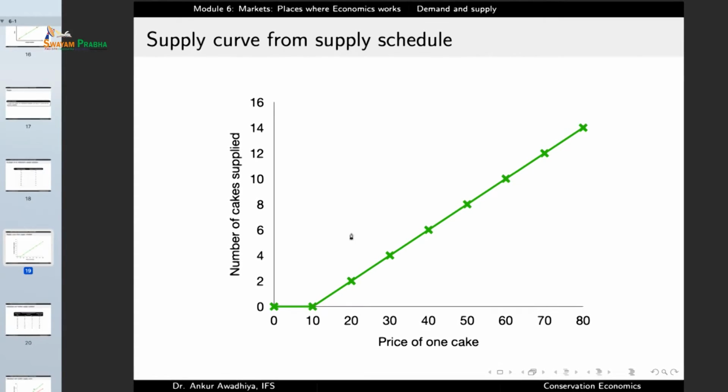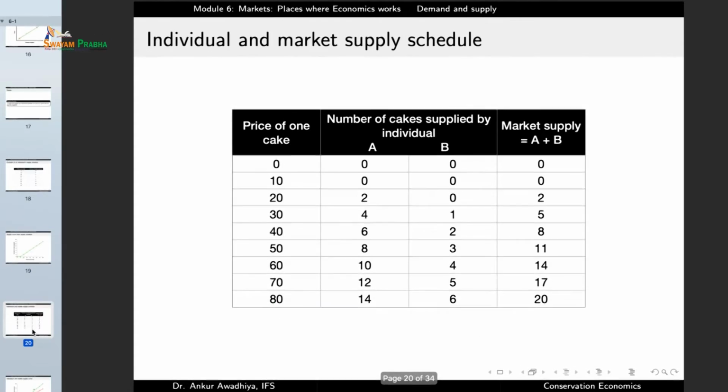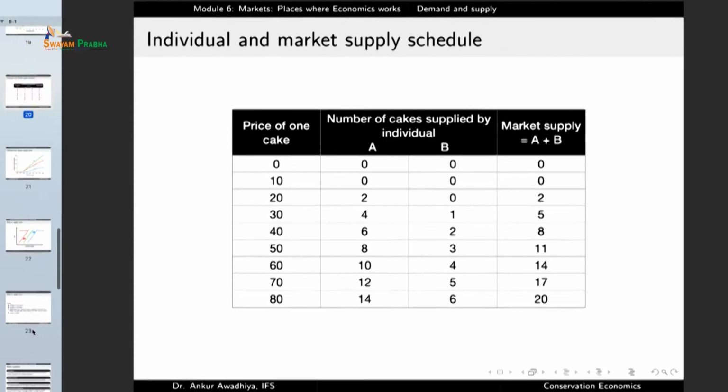And in a market, as we have seen before, if there are multiple suppliers, then the total supply is equal to the supply of cakes by each seller. So at 0 rupees, seller 1 is going to supply 0 cakes, seller 2 is going to supply 0 cakes, so the total market supply is 0.